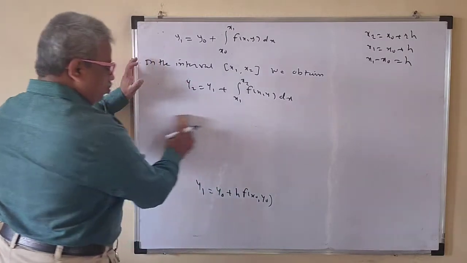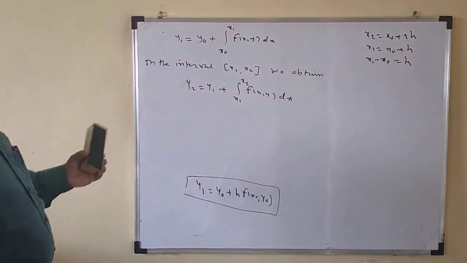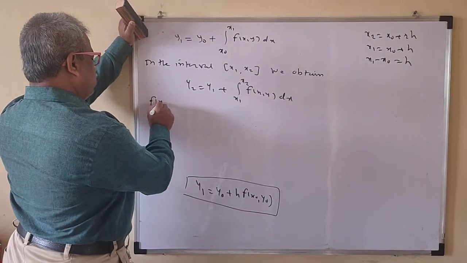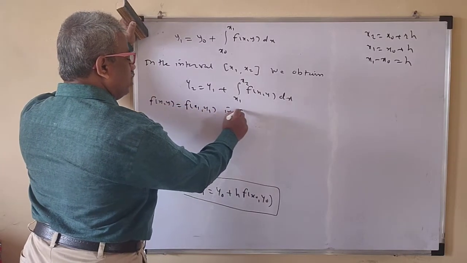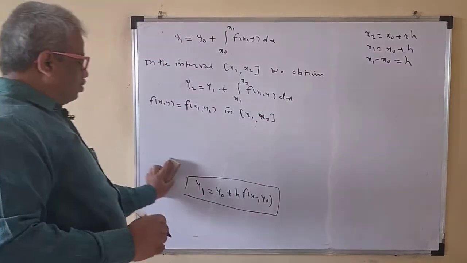Note that this is the first solution; remember this. Now we do the second one: f(x, y) = f(x1, y1) in [x1, x2].